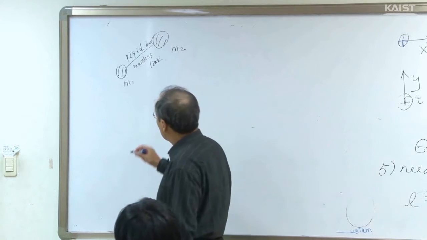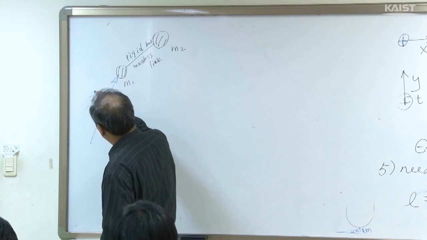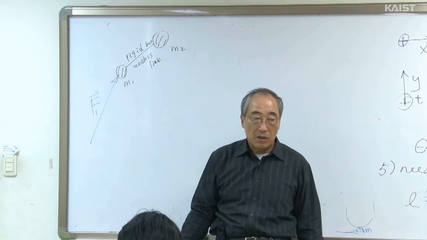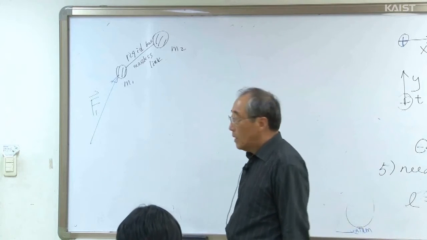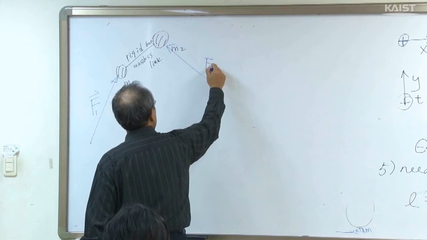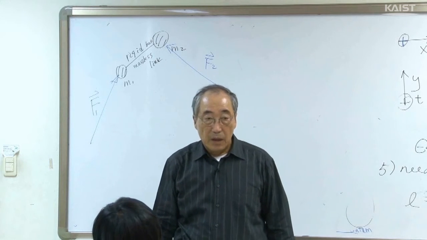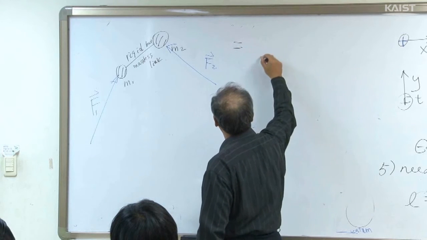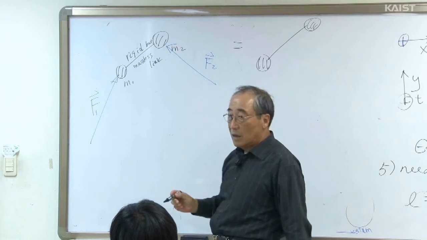Okay, suppose this mass experiences an external force acting on the mass. And suppose this one experiences another external force. And I want to know how those two masses move. Okay.